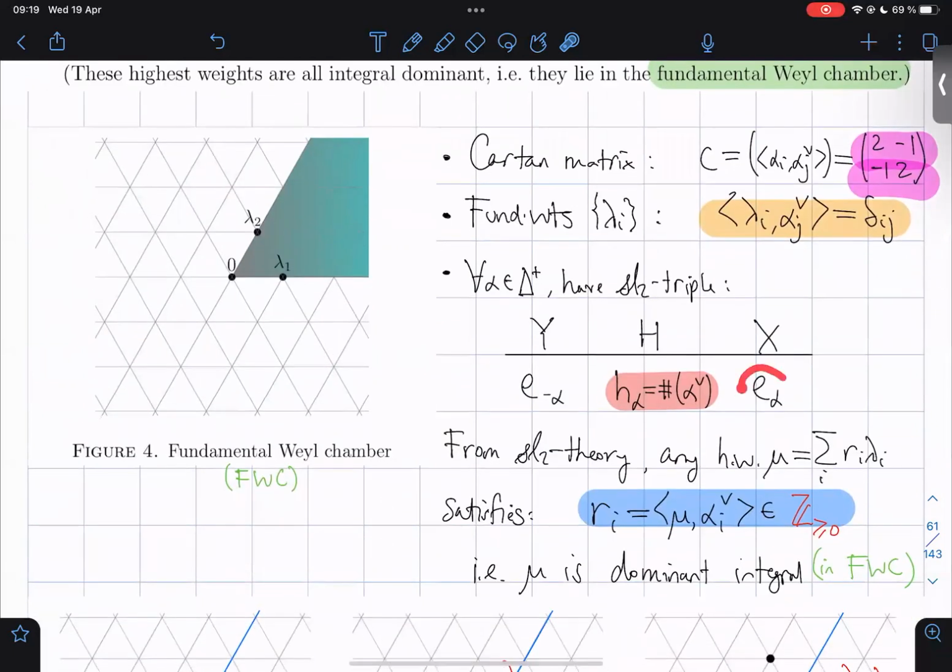You could take a choice of root vector and a choice of root vector over here as your raising and lowering operators. Then you could define an H out of this: you take the co-root for alpha, and then you sharp it, converting it from a covector back to a vector. It turns out this co-root construction is exactly useful in this case because it gives you an H inside an SL2 triple.